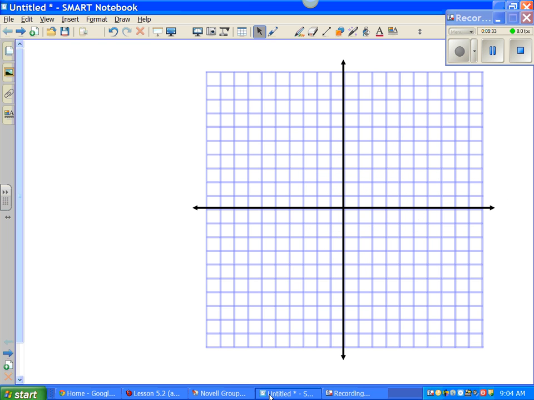All right, so we're going to look at a couple of different ones here. Let's say I have this angle here. My reference angle, again, is the acute angle created by the terminal ray and the closest x-axis. So this right here is my reference angle. It's created by the terminal ray and the closest x-axis.